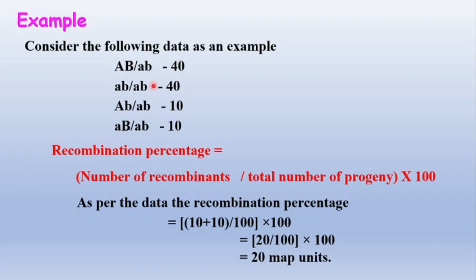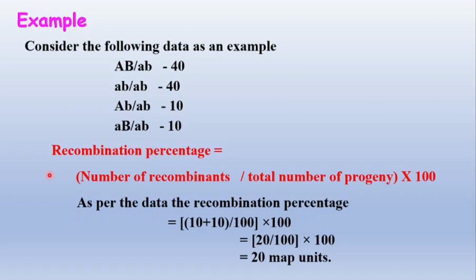First, we can see these two genes are said to be linked. Why? Because these two parental combinations are in high frequency, 40 and 40. It is not following the Mendelian classical 1:1:1:1 ratio.